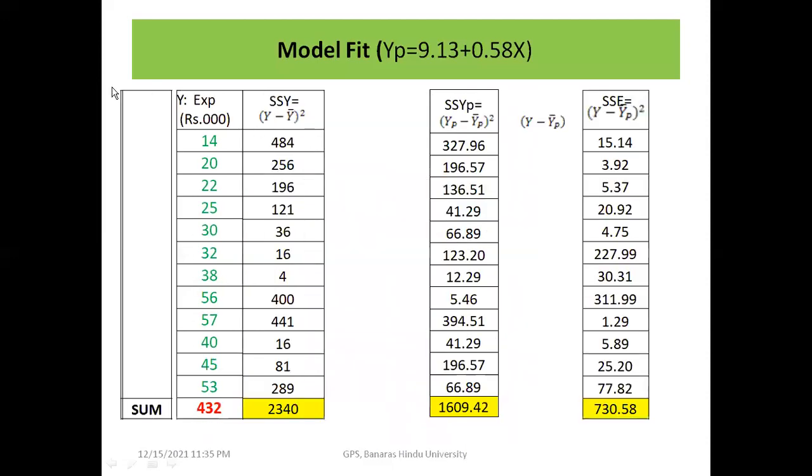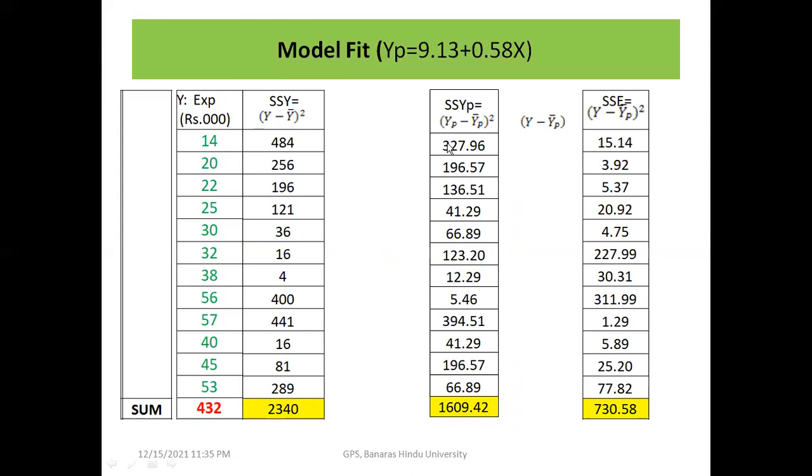So this was my original expenditure data. Its mean was 432. So I calculated y minus y bar square and then summed. So this number 2340 is called the total sum of square of the dependent variable y.